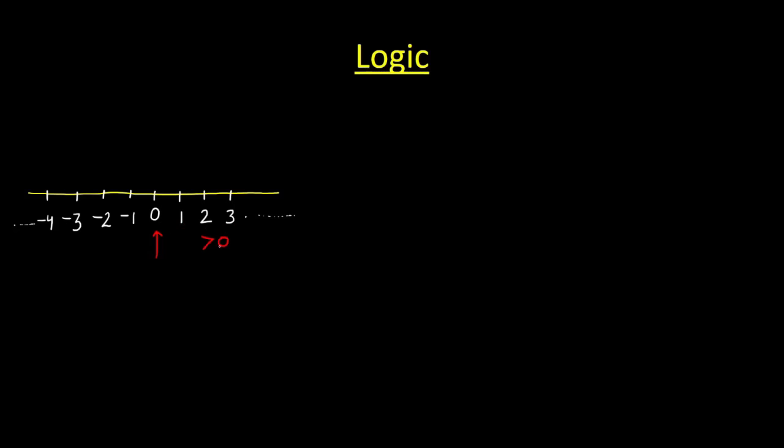All the numbers which are lesser than 0, like minus 1, minus 2, minus 3, are negative numbers. So your brain processes according to whether a number is greater than 0 or lesser than 0. In this way, we can tell whether a number is positive, negative or 0.